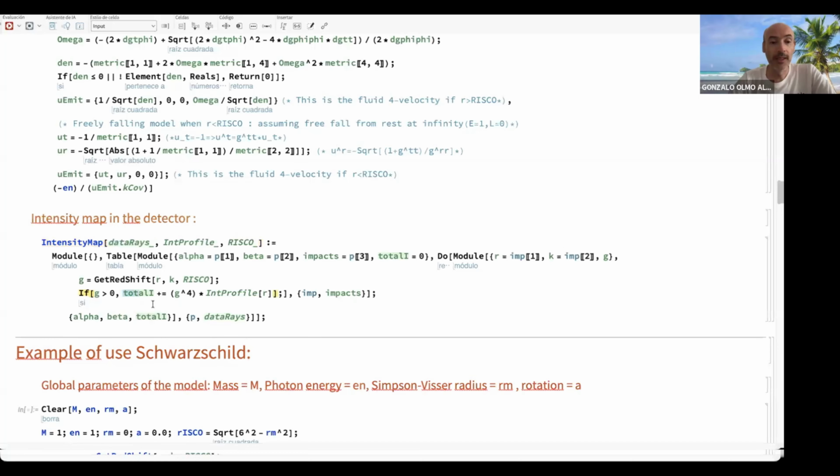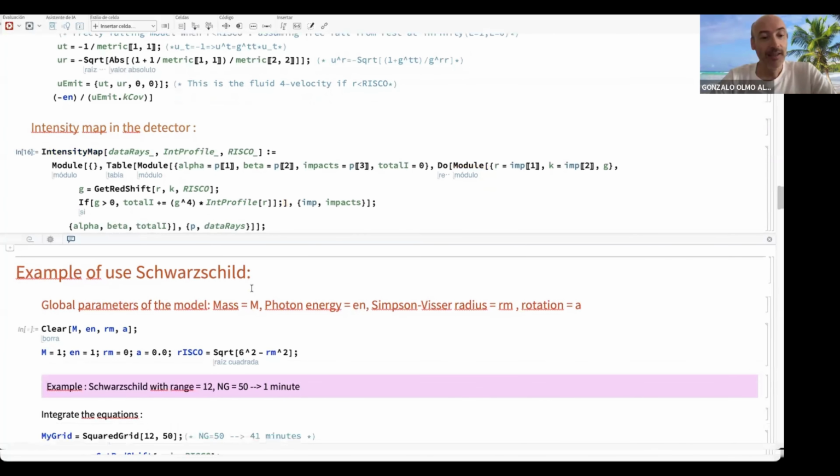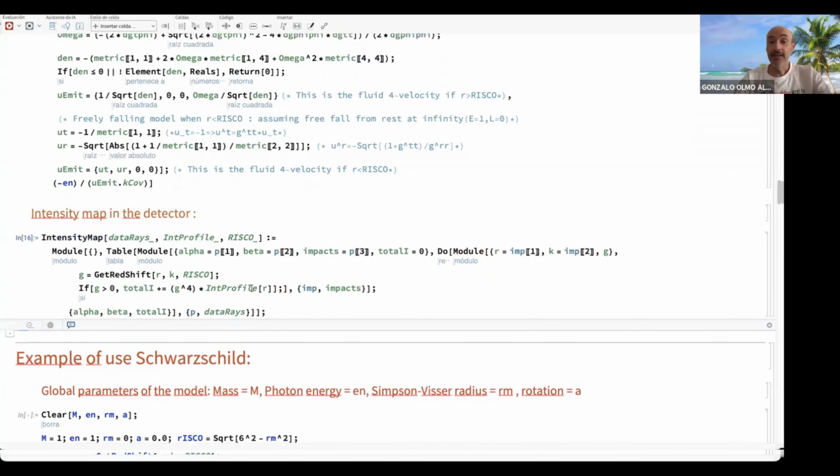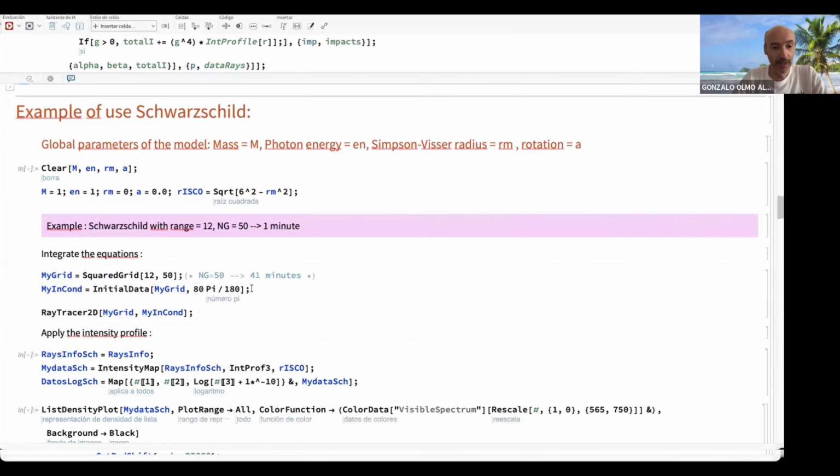And that's how we obtain the total intensity for each pixel, alpha beta. Very good. So this is short, but it's condensing a lot of information. Okay, very good. So there we go. And now that's it. We have all the theory here. Now we just need to compute some example.